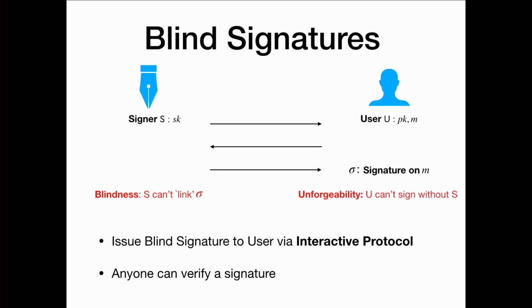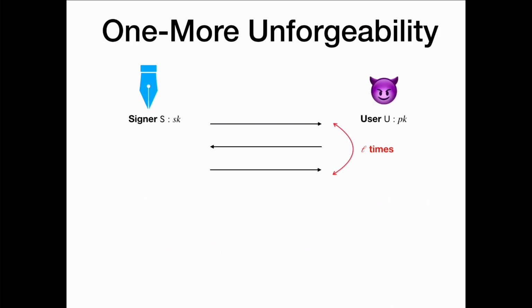And the second one, of course, is that you should not be able to sign a message without the help of S. But as it turns out, it's a bit tricky to define the second property. So let's take a closer look here on the second slide at what it means. We formalize unforgeability in the context of blind signing via this one-more unforgeability experiment.